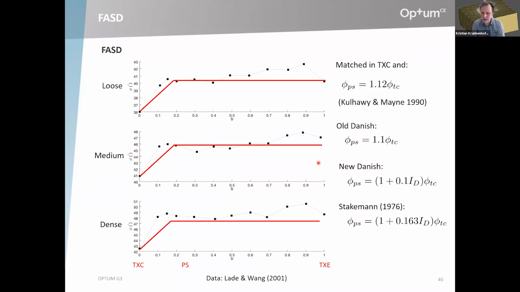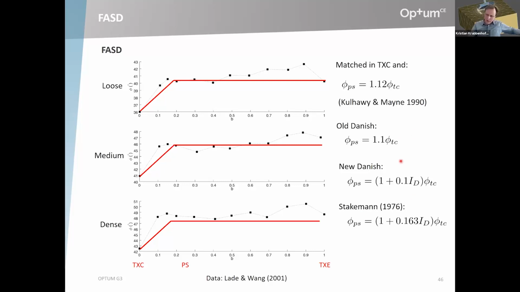But the point I was making with these four equations here is that there is actually quite a bit of experience and knowledge out there, and some of these equations are in the codes. So in any given situation, what exact number should you pick? I think the old Danish one, the 10% one, is probably as good as any.